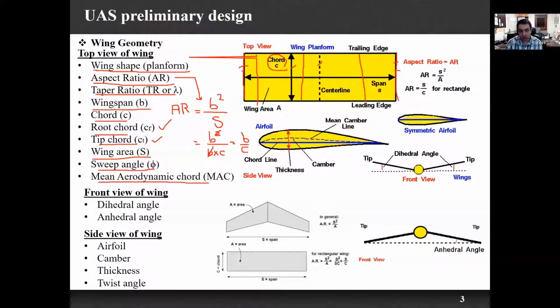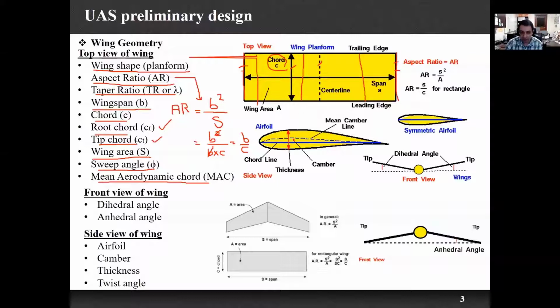So the other parameter which is important is called taper ratio. So now what is the taper ratio? The taper ratio is the ratio of the wing tip chord to the root chord.